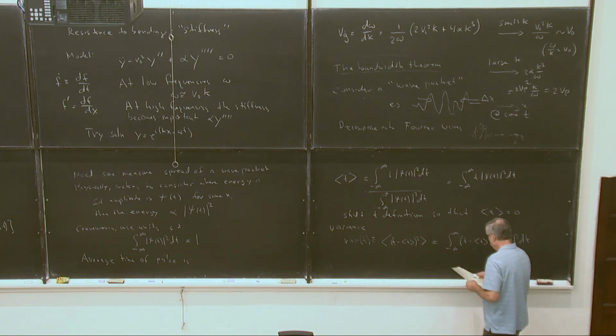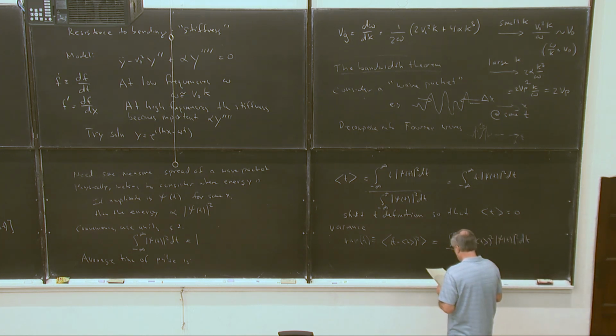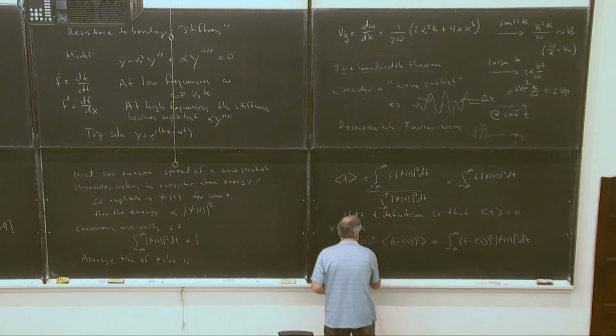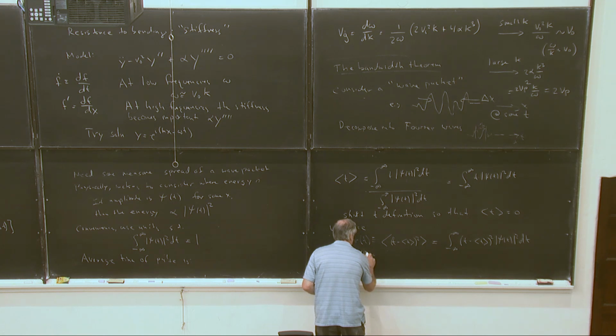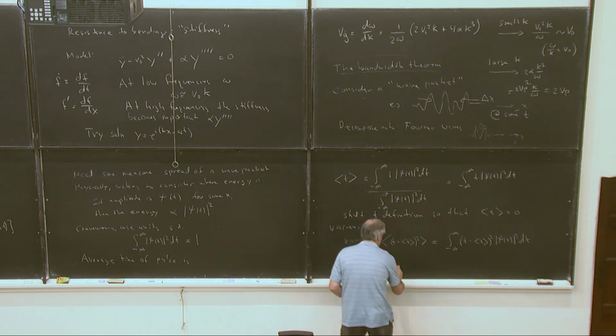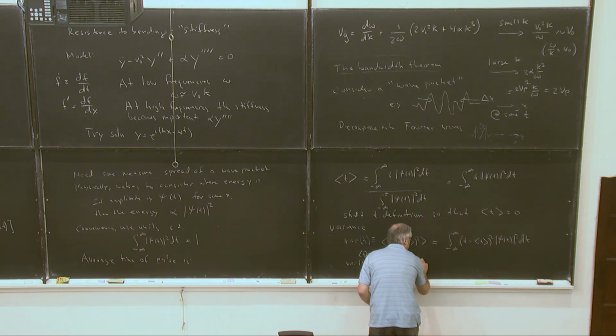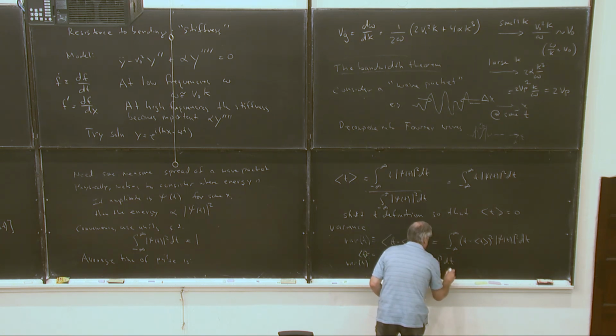And with the expectation value of t equal to 0, the variance of t is just the integral from minus infinity to infinity of t squared psi of t squared dt.